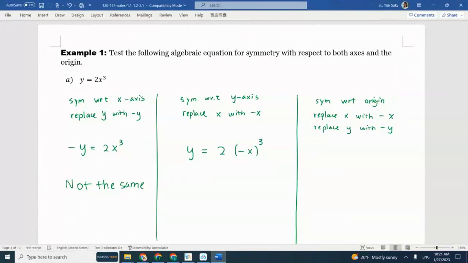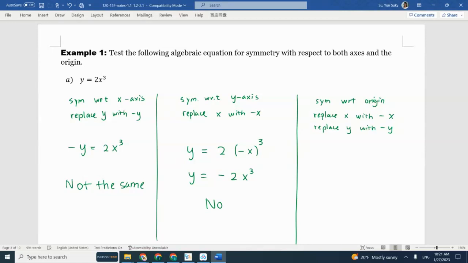Minus 1 to the cube is still negative 1, right? So we still have y equals negative 2x cubed. Are they the same? No, not the same. Therefore not symmetric with respect to the y-axis.